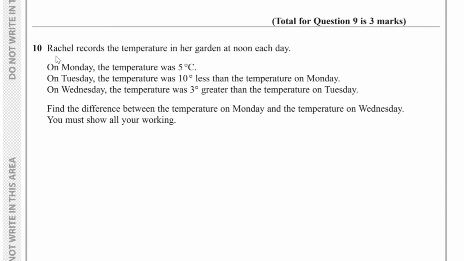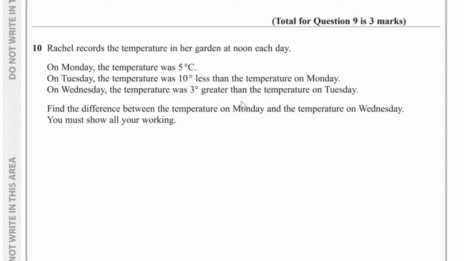Question number 10. Rachel records the temperature in her garden at noon each day. On Monday, the temperature was 5 degrees C. On Tuesday, the temperature was 10 degrees less than on Monday. On Wednesday, the temperature was 3 degrees greater than on Tuesday. We have to find the difference between the temperature on Monday and the temperature on Wednesday.